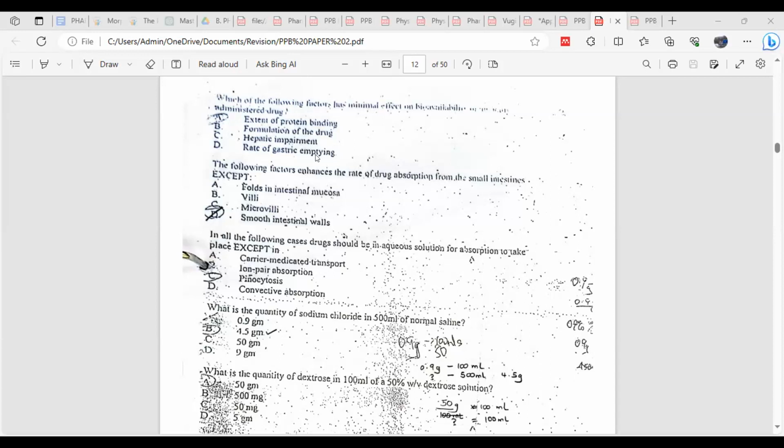Convective need. Ai, acha ni. Hmm. Okay.